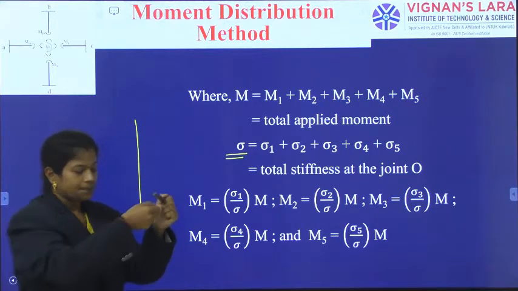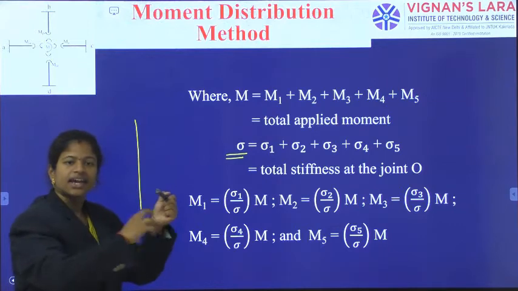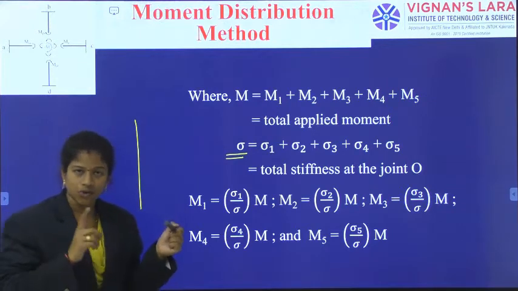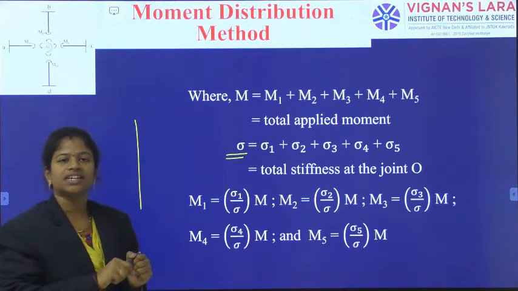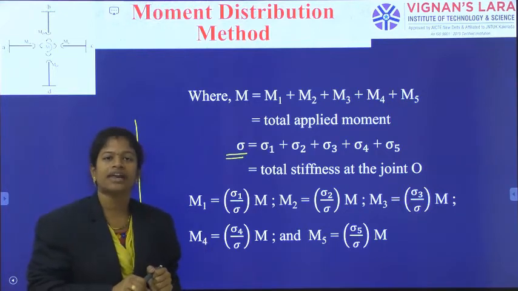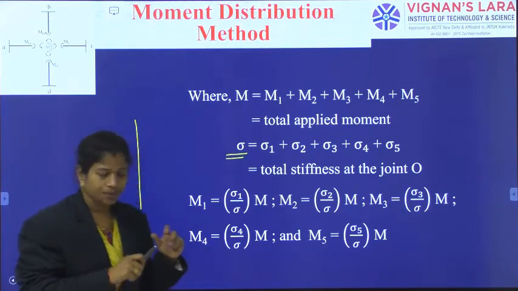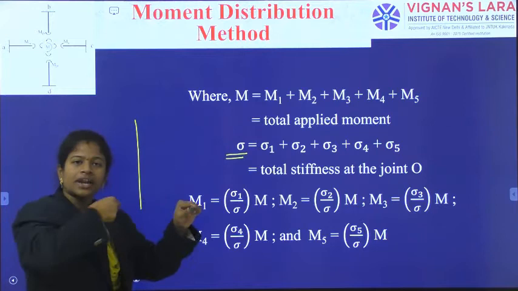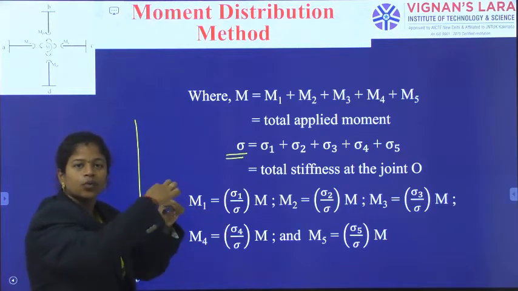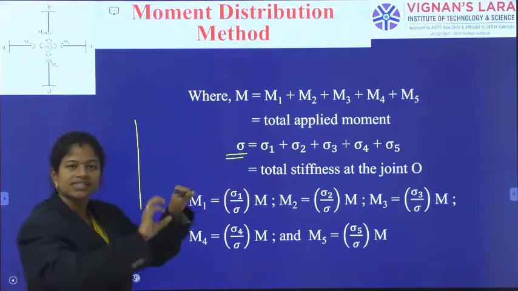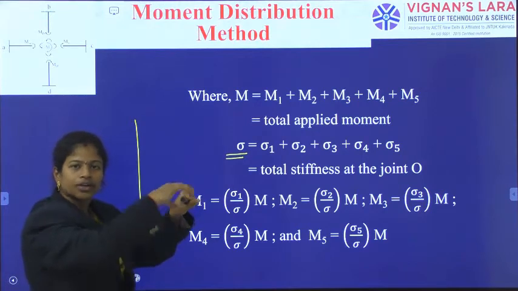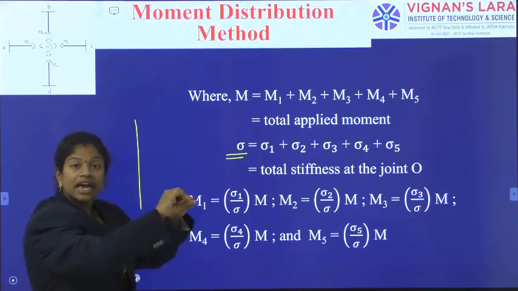How does it happen? Because as the connection was there, they will show some resistance. That resistance to the rotation due to the application of some moment is called stiffness, right? So, if I increase more number of connections, and still we want to rotate, due to this rotation what happens?